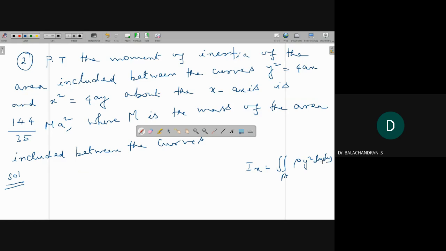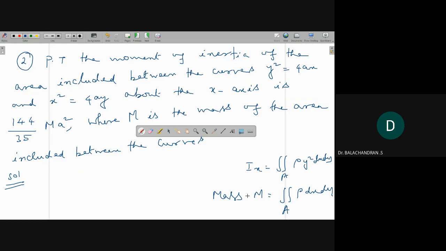Whether it is given or not in the question, I think it is not given, but the final answer is in terms of M. So first you need to find the mass M. M equal to double integral over A of rho into dx dy.